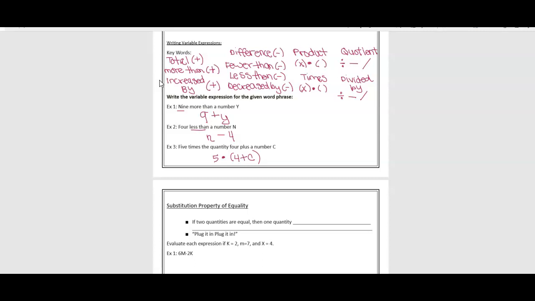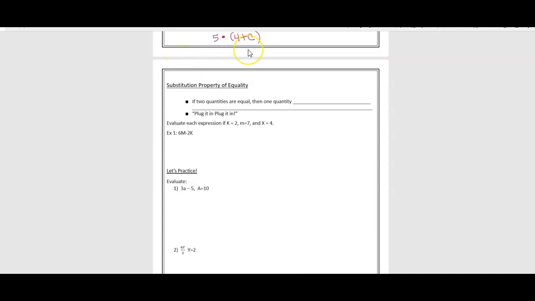Okay, substitution property. If two quantities are equal, then one quantity can be replaced by the other in a mathematical expression.